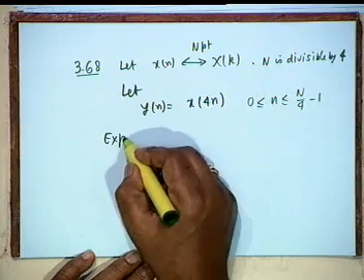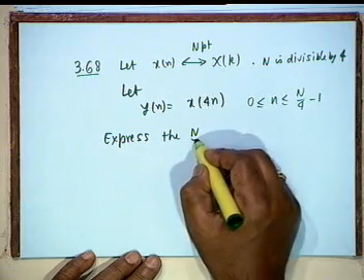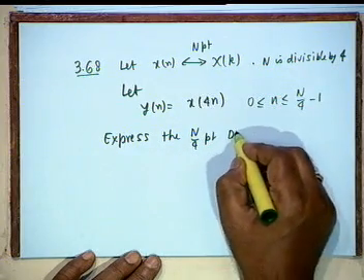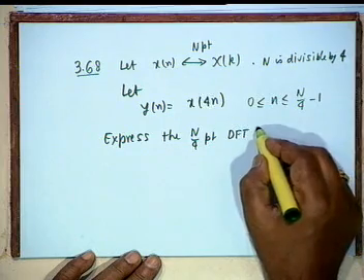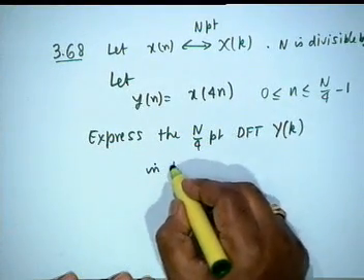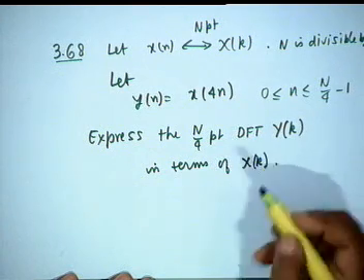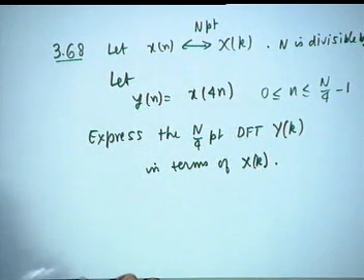The question is to express the N by 4 point DFT Y k in terms of X k. Okay? The number of points at which the DFT is taken is less than the number of points in x of n.